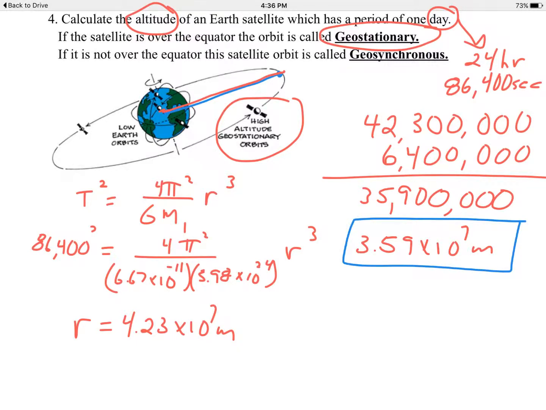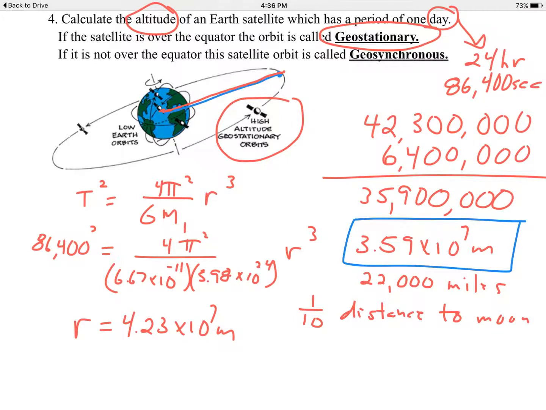That turns out to be about 22,000 miles. As I stated earlier, that's about 1/10 of the way to the Moon, roughly speaking. So we don't need to know this, but it's interesting. 1/10 distance to Moon.